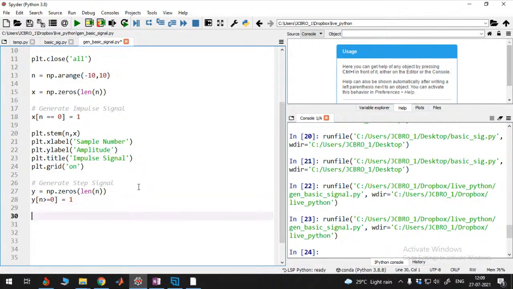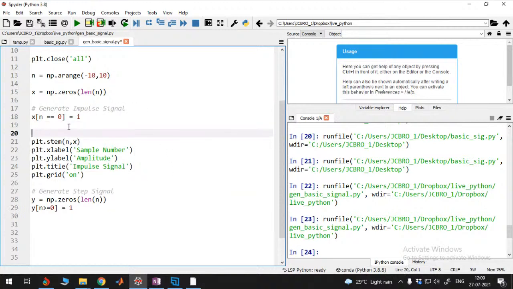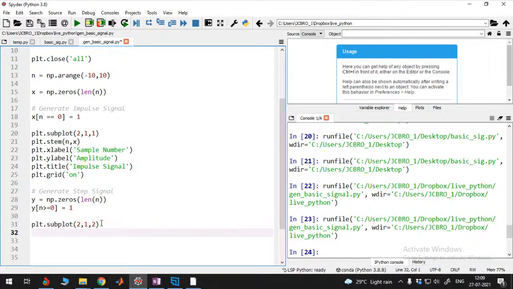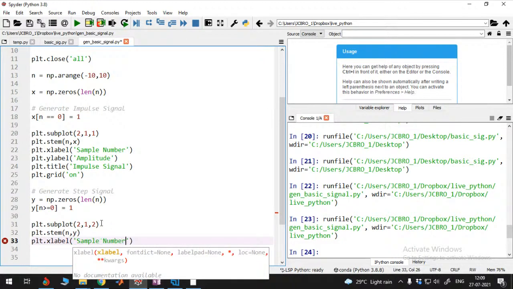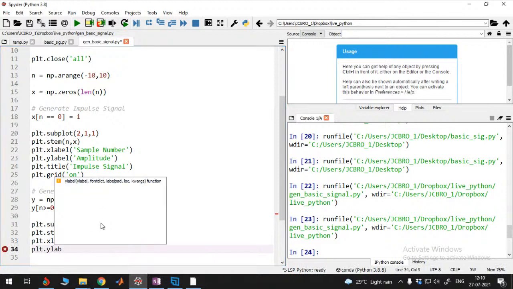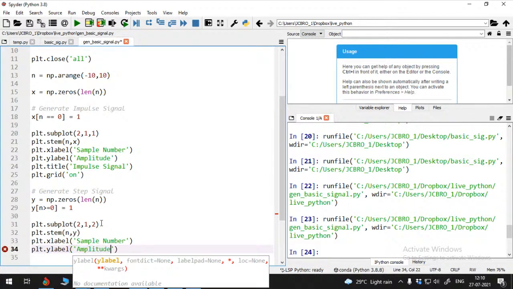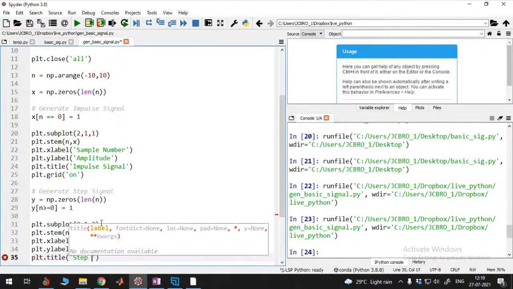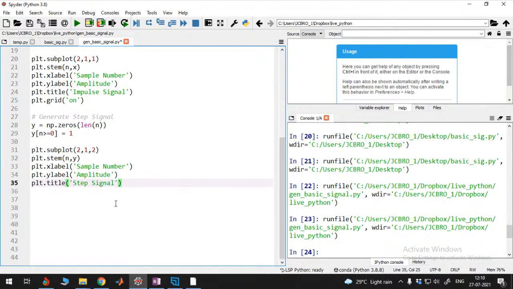Okay, now coming to the plotting part. So we have to use subplot. So plt dot subplot 2 comma 1 comma 1, and here we'll type plt dot subplot 2 comma 1 comma 2, and then plt dot stem n comma y, and we'll type plt dot xlabel sample number, plt dot ylabel amplitude, and plt dot title step signal, right?